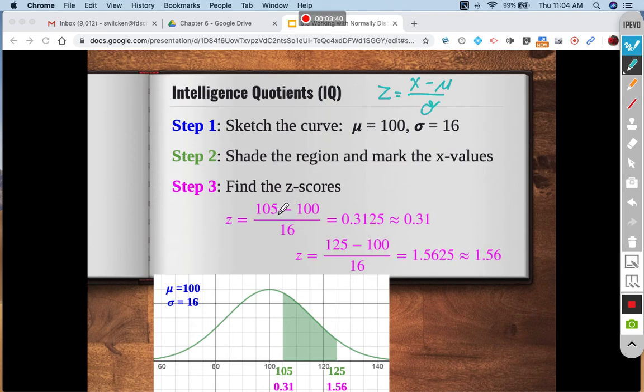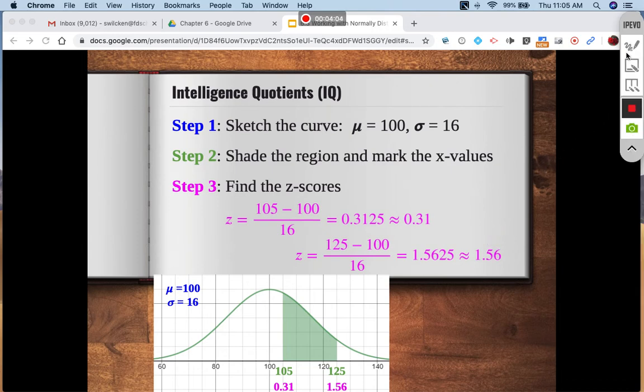So we're going to take 105 minus 100 divided by 16, which gives you 0.31. And 125 minus 100 over 16 gives you 1.5625. Take that to about 1.56. I'm rounding to the nearest hundredth place because that's what I can look up on my table, right?